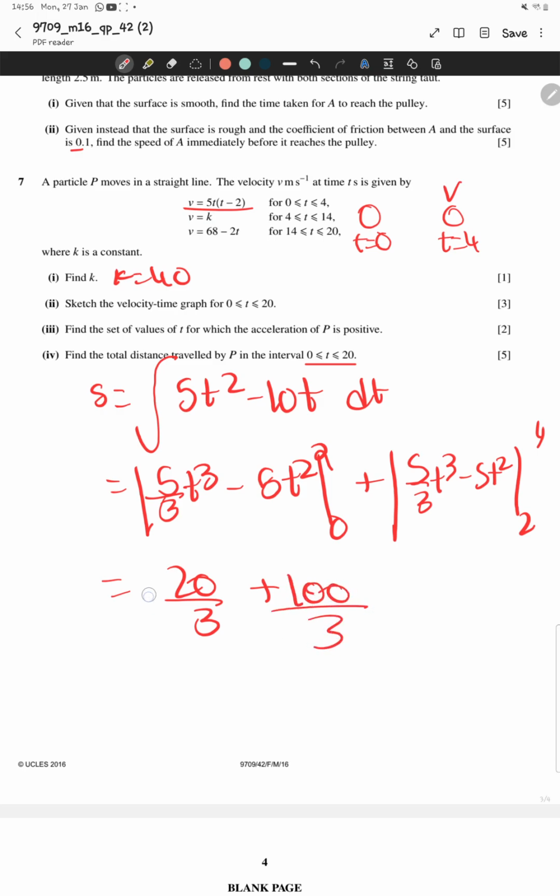And then you'll obviously remove this sign because you want to find the total distance. So 20 by 3 plus 100 by 3 gives you 40. So that will give you 40.